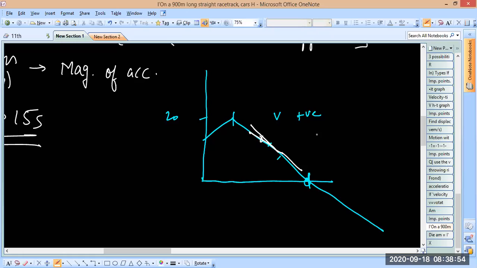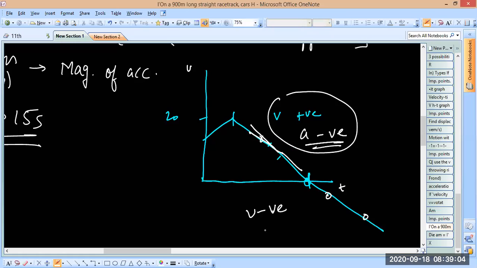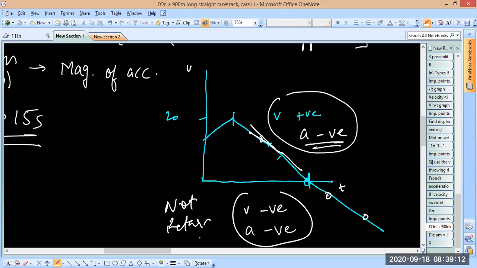That means acceleration is negative, because acceleration is slope of tangent of this vt graph. So this is what we are looking for. But from this point onwards, velocity itself is negative and acceleration is also negative, both are negative. So that's why this is not retarded motion. Agreed? Clear?